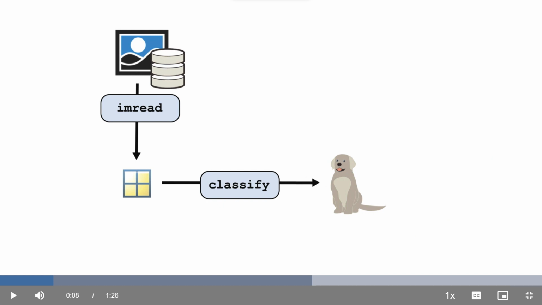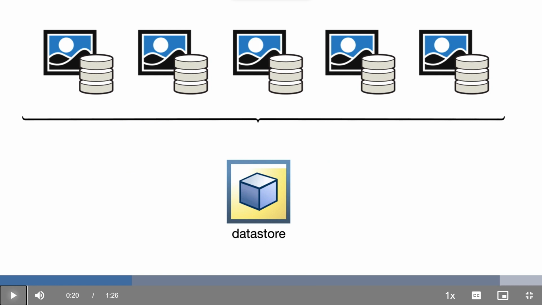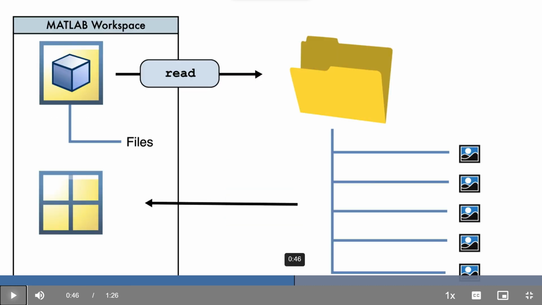So far you have been importing each image into memory individually and then using a pretrained network to classify it. That's great for one or two images, but in practice when you are doing deep learning, you are working with hundreds or even thousands of images. In that case, a better approach is to use a datastore. A datastore is a MATLAB variable that acts as a reference to a data source, such as a folder of image files.